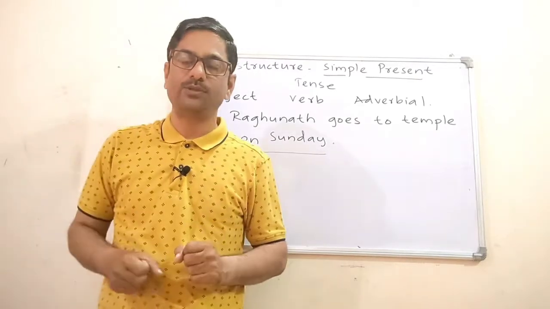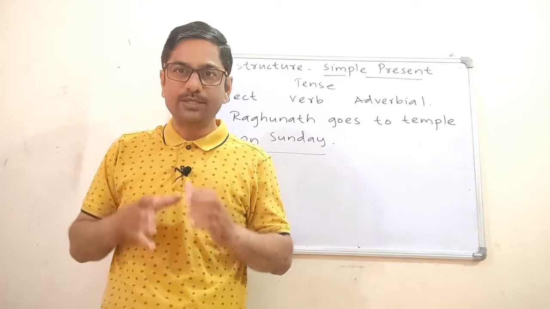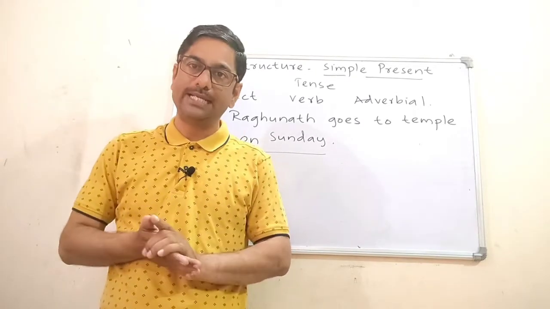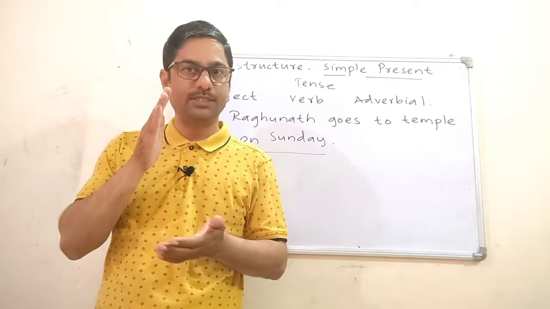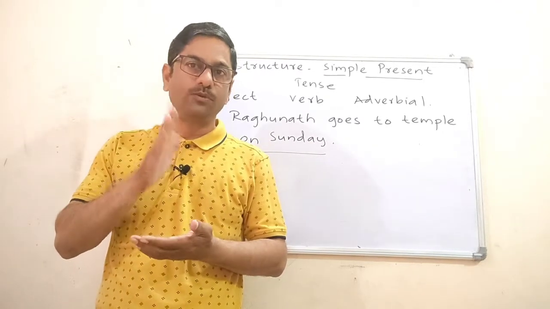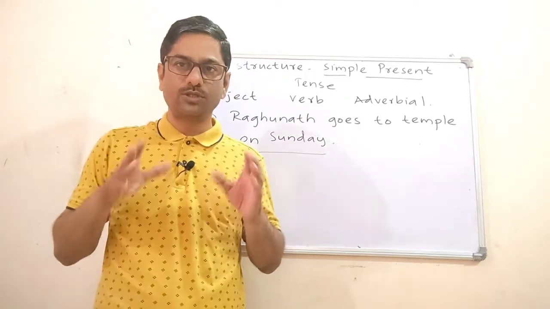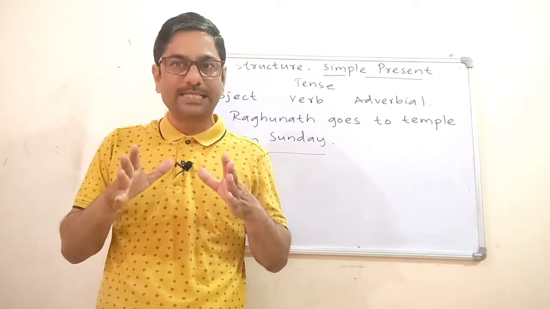Then we studied negative sentences. In negative sentences, you have to make use of do not and does not. If the subject is I, we, you, they or plural noun, then you will make use of do not. And if the subject is he, she, it or singular noun, then you will make use of does not.